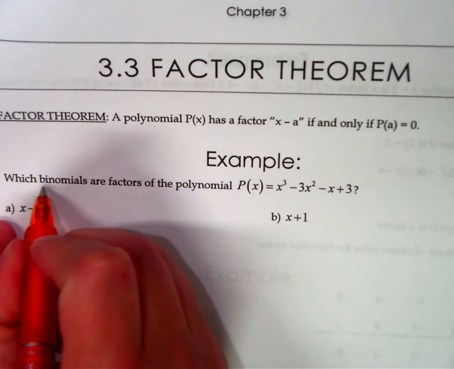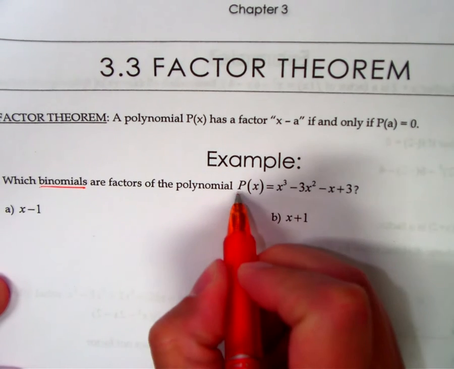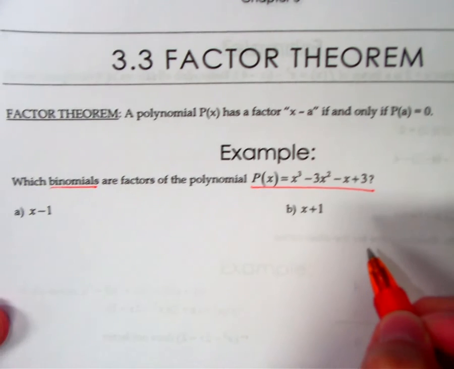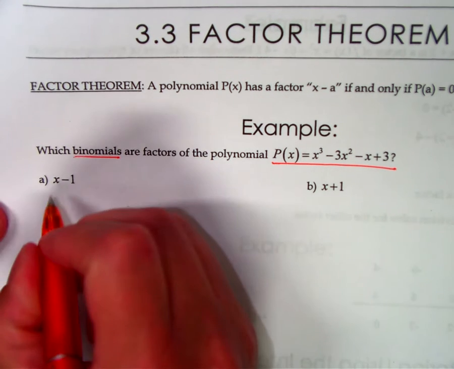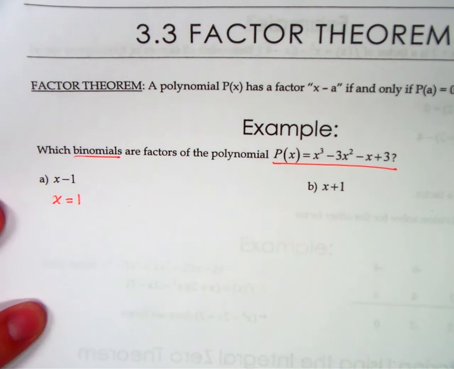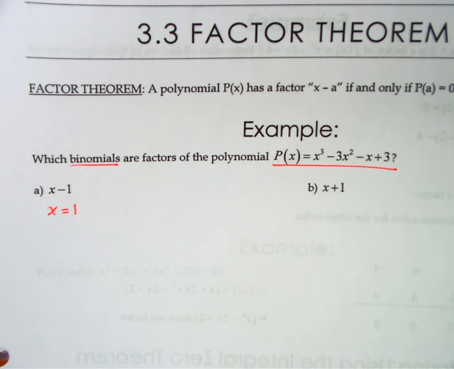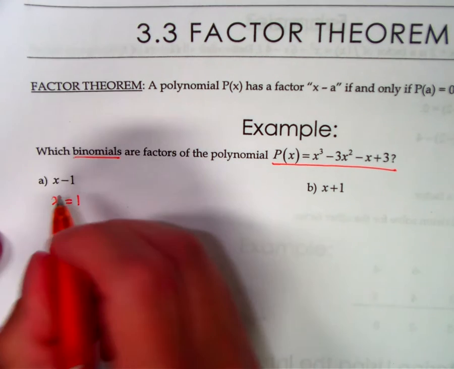So to figure out if this binomial is a factor of this polynomial, all we're going to do is use the remainder theorem from Thursday of last week. Easy peasy. Just to remind ourselves, we solve out the x, so x is equal to a positive 1. Then we substitute it into the polynomial.